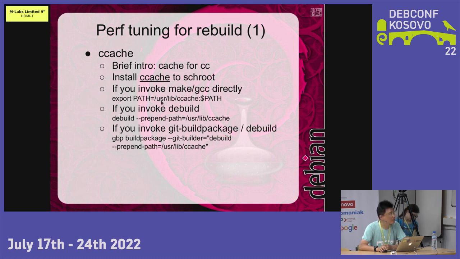But it only applies to compilers like GCC or Clang if you invoke them directly, then you can change the PATH variable. But if you want to use high-level build tools like dpkg-buildpackage or gbp buildpackage, you need to use the following command to invoke ccache.